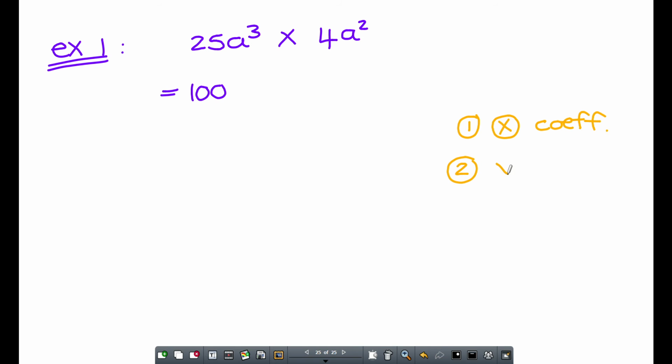I am going to multiply the unknowns or the variable. Now, very important. Remember your exponent rules.